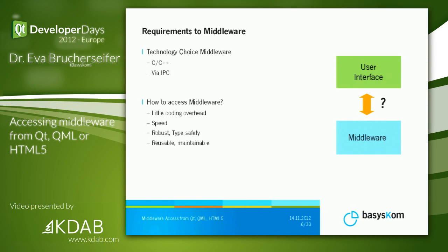So when you want to access the middleware from the user interface, you want to have little coding overhead, of course. So when you change things, you don't have to maintain a lot of code. You don't have to write a lot of code. You want this access to the middleware to be fast so that you don't get latencies in the software later on when you run it.